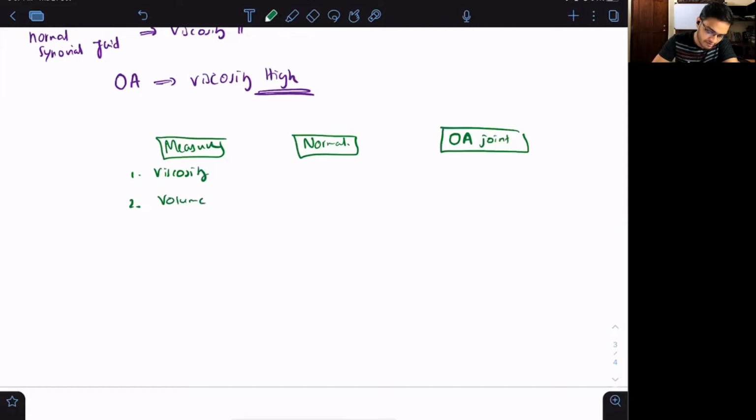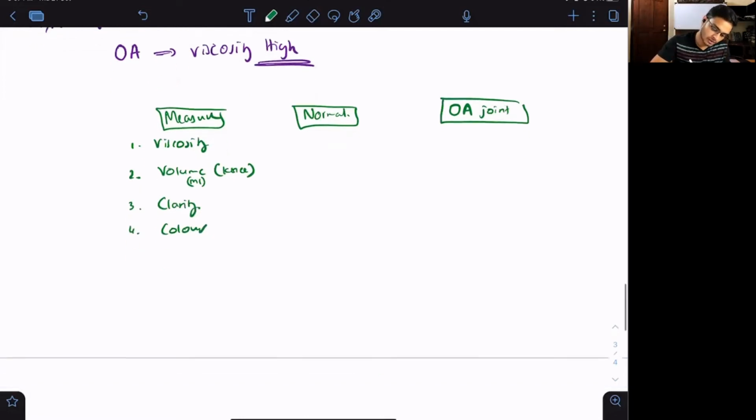Volume, guys, mainly we want to focus on the knee joint. Other joints, we don't need to know the volume of synovial fluid. The volume in milliliters. Then we'll talk about the clarity, the color, and the amount of WBCs present per microliter.